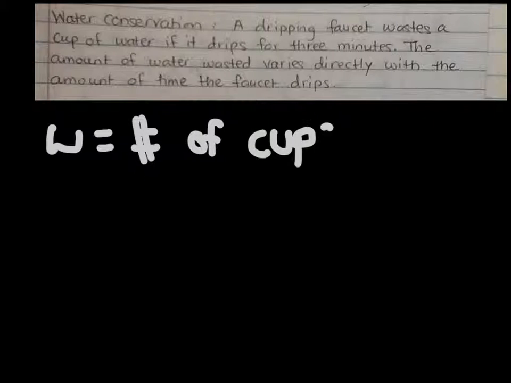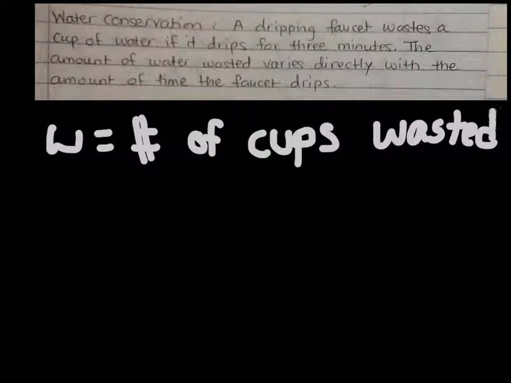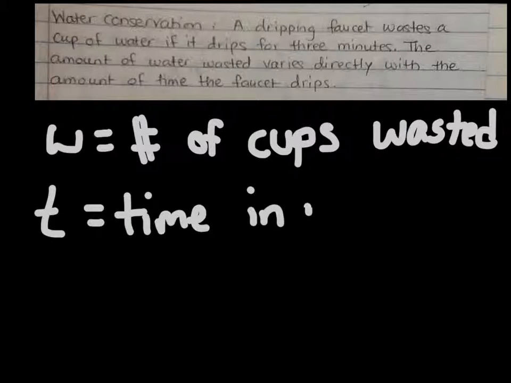Alright, so we have this question here, same question from the slide before. Let's define a couple variables here. Let W equal the number of cups wasted, and let T equal the time in minutes the faucet drips.